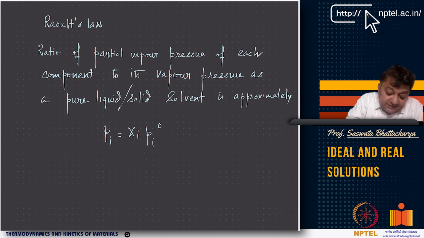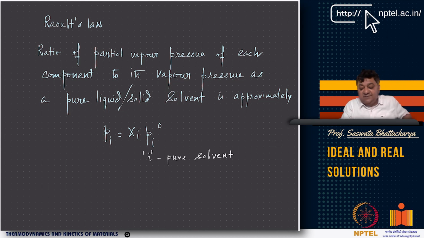Pure solvent, then there is a partial vapor pressure, which is the vapor pressure of component I for a pure solvent, which is stated as Pi is 0. This vapor is in equilibrium with the solvent when I is a pure solvent.